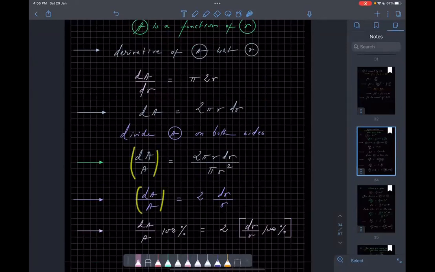So I got dA by A here. Pi and pi cancel, r and r cancel. I got 2 dr by r. So the fractional change in area is twice the fractional change in radius.